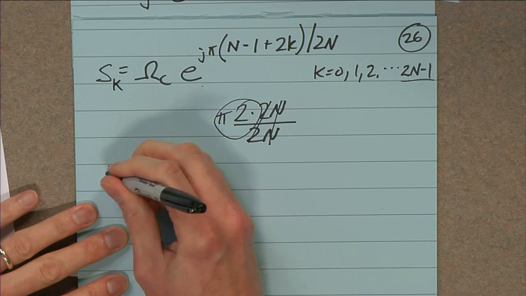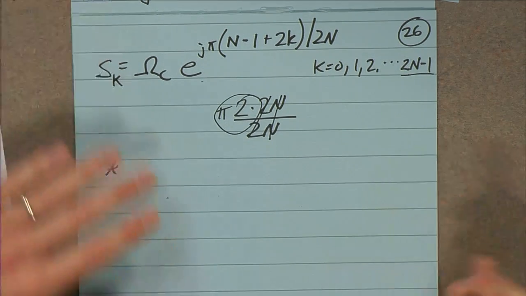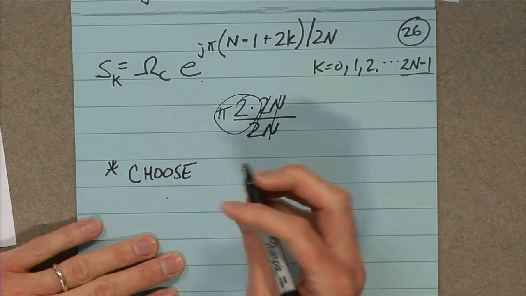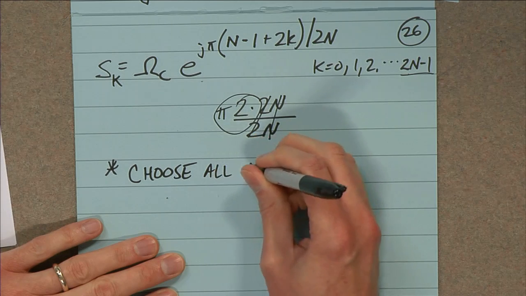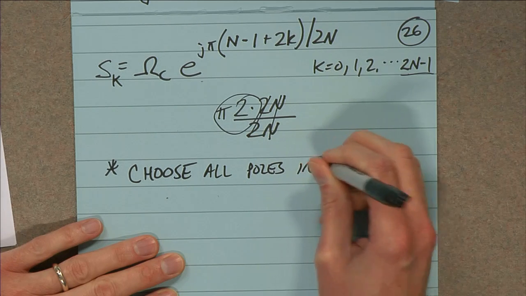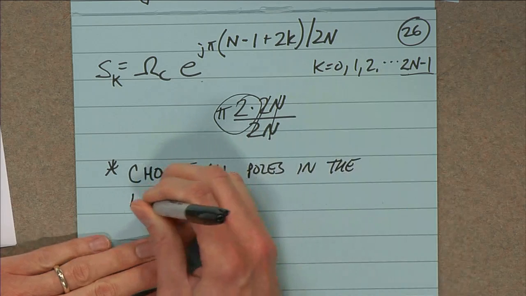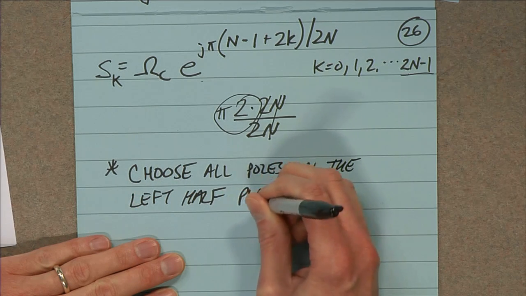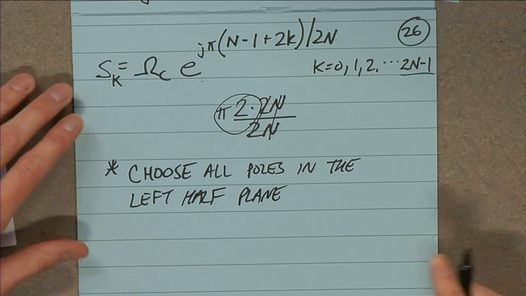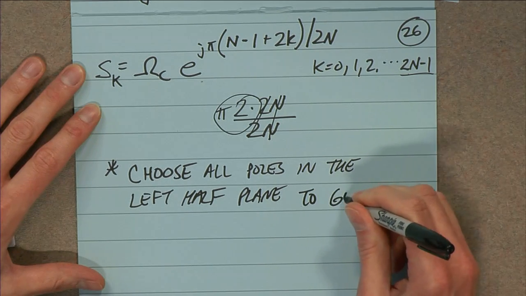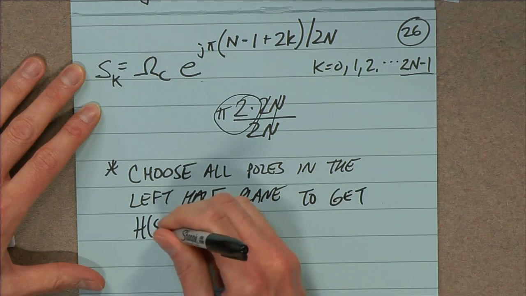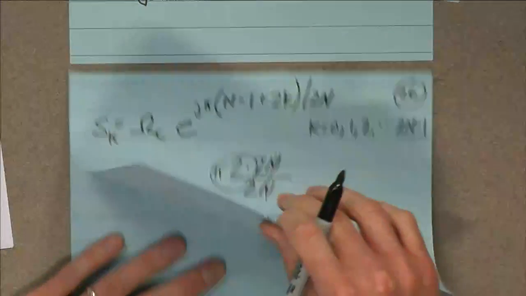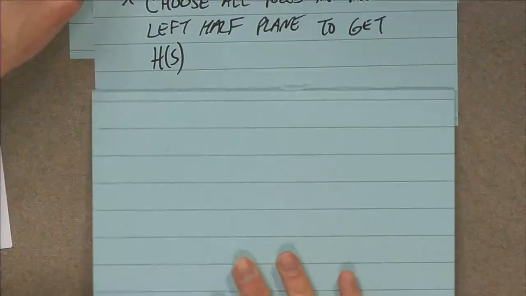So now, if we're going to design a filter, we're going to choose all poles in the left half plane to make H of S. That kind of makes sense because that's what we want to do. We want a stable filter.